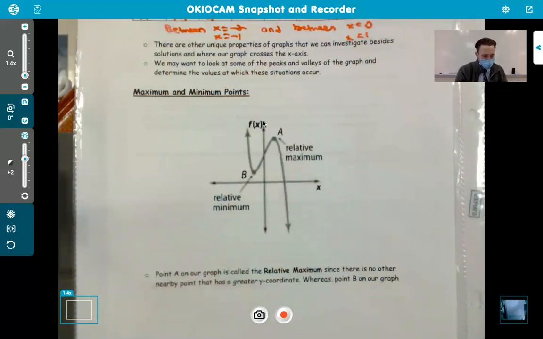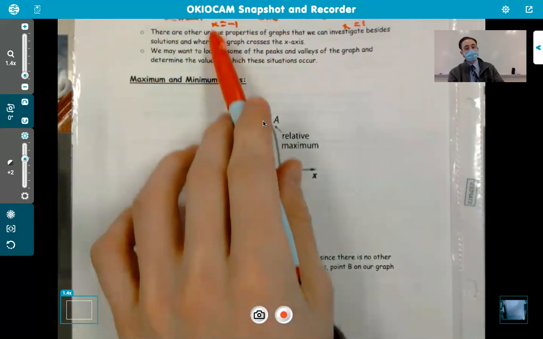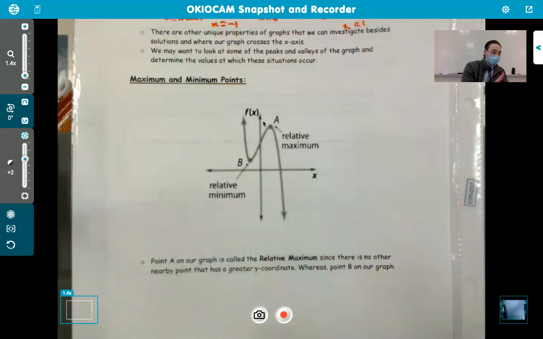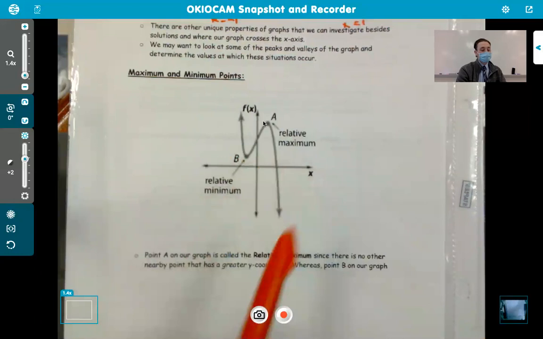But the relative max and min: if I were to take a look at this, point A is my relative max, since there's no other nearby point that has a greater y value. There might be values, as the graph continues on in each direction, that will be greater or lesser. But as I'm looking at it between these x values, these are my relative max and min.